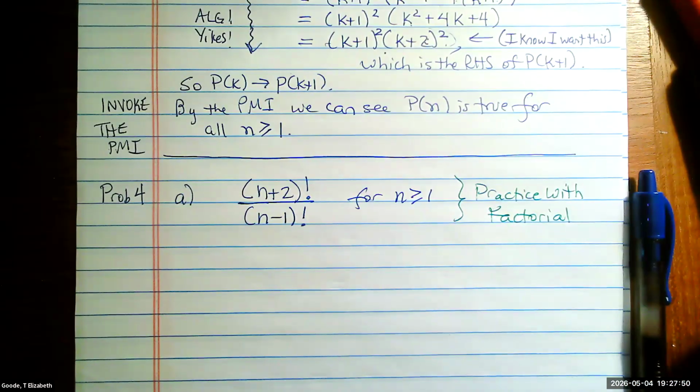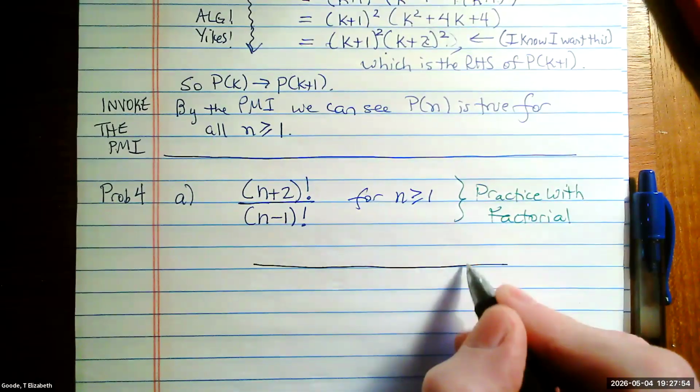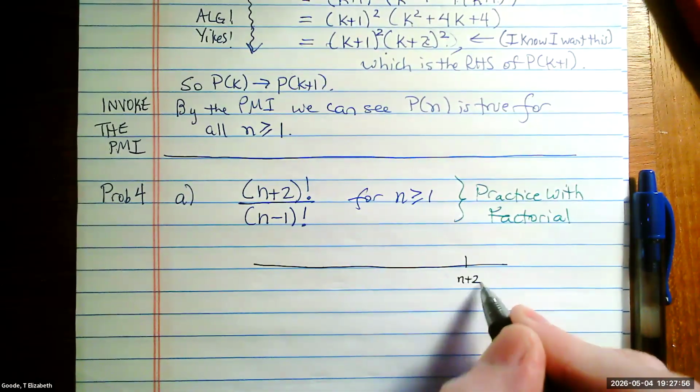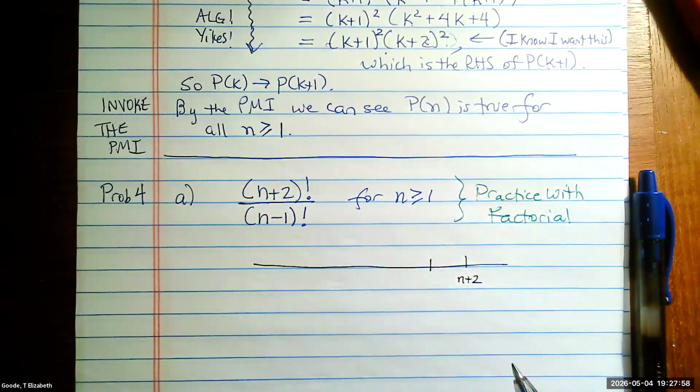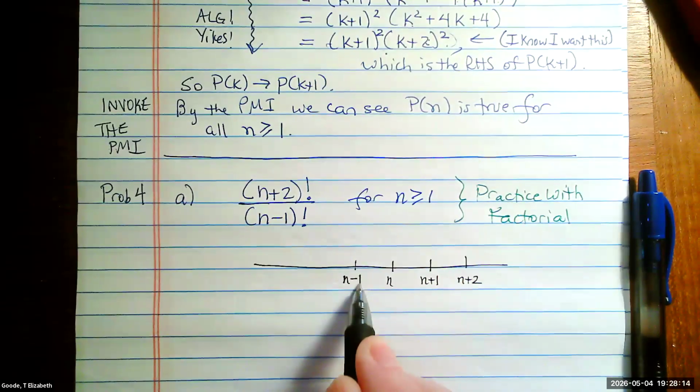So let's just remember how factorial works. If we draw a number line, we can understand what's going on. So n plus 2 is the biggest integer. What's the integer right before n plus 2? N plus 1. Good. And what's the integer before that? N. What's the integer before that? N minus 1.